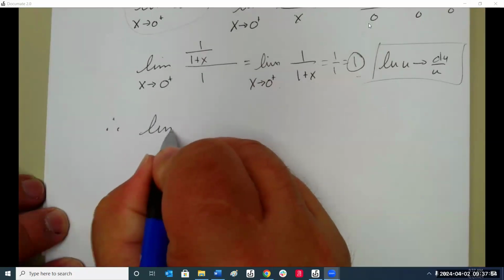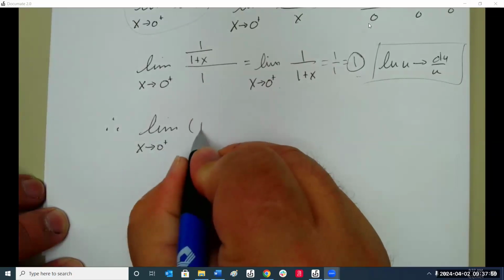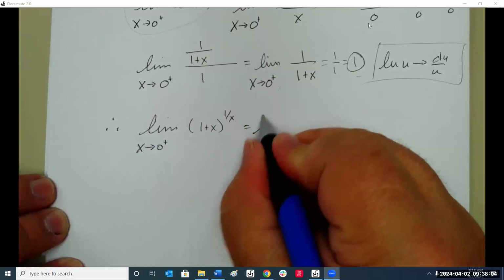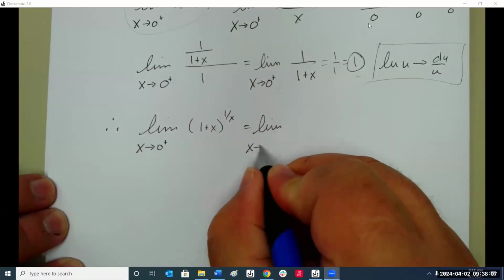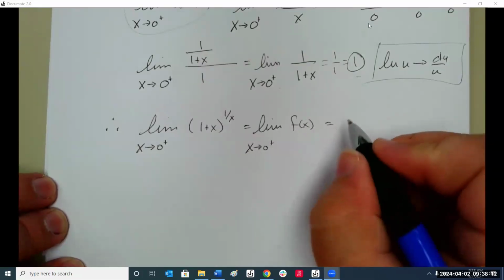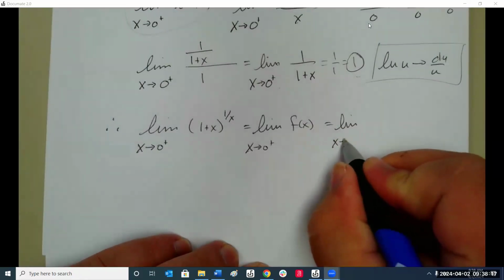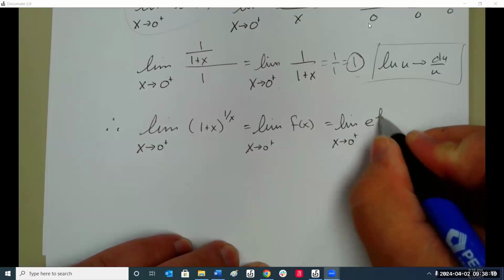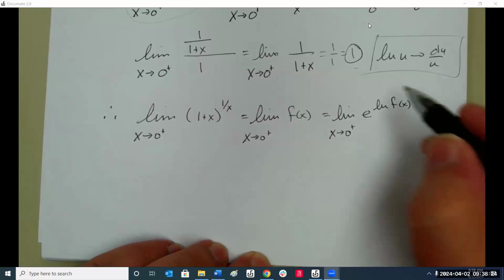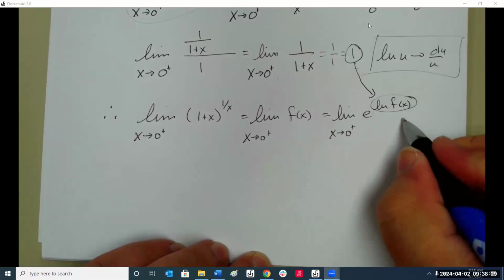So we know the limit as x approaches 0 from the right of our original function, (1 plus x) to the power 1 over x, is equal to, according to that sheet, the limit as x approaches 0 from the right of e to the ln f of x. And this part is what we just found there.